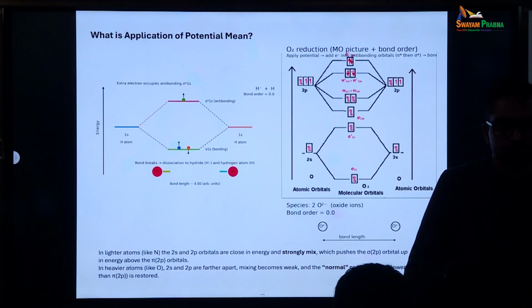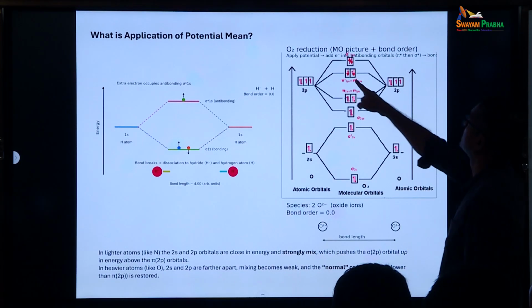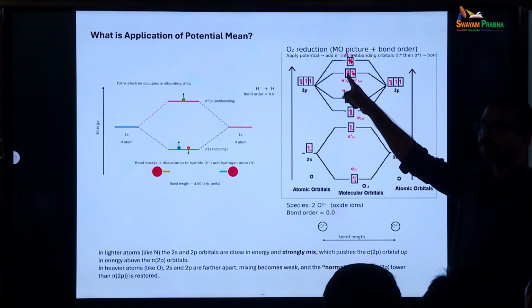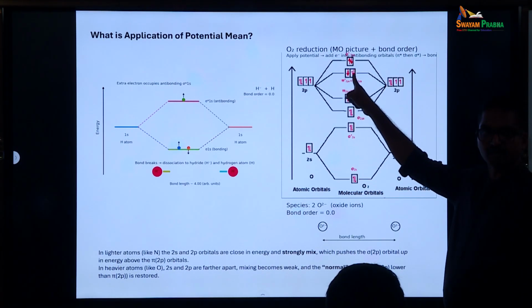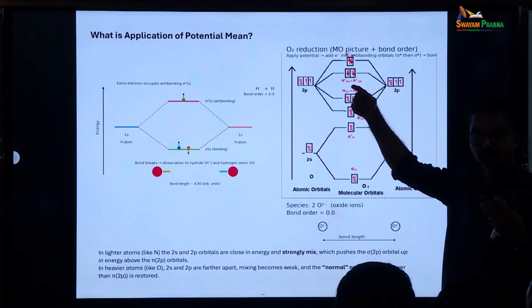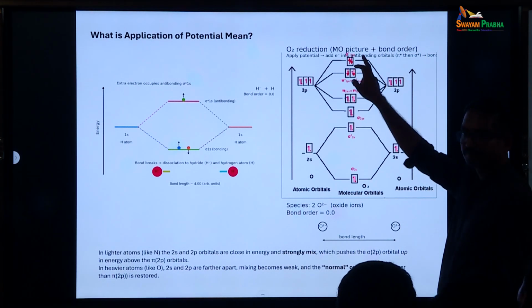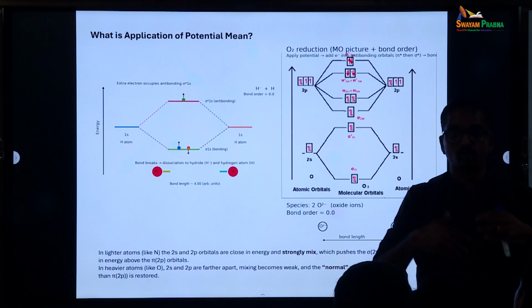And as a result, at the end, I get 2 oxide ions, O2 minus. Because each oxygen carries 2 negative charges, there are 2 oxygens, you will get 2 O2 minus. Clear? So this is called application of potential. You should not be confused about what application of potential is. It is either adding an electron or removing an electron.